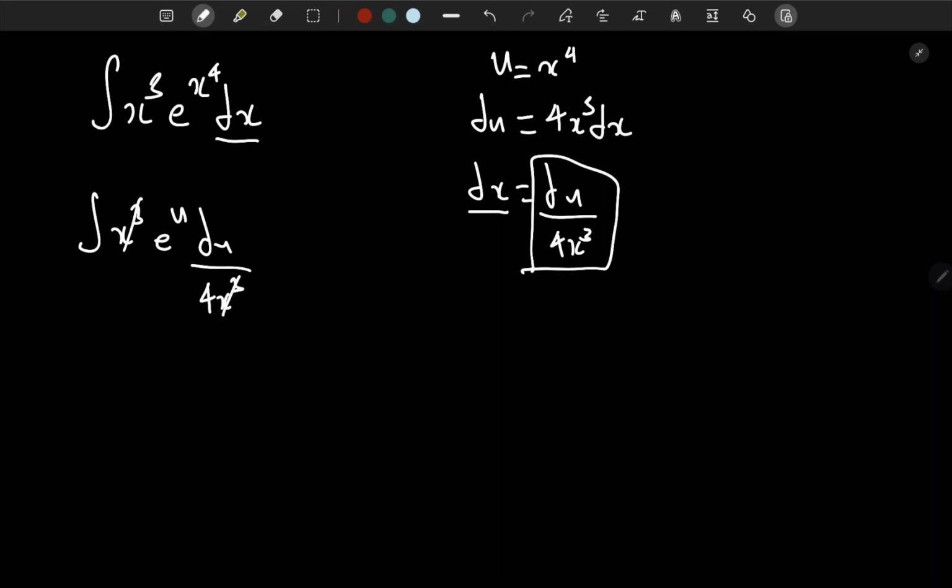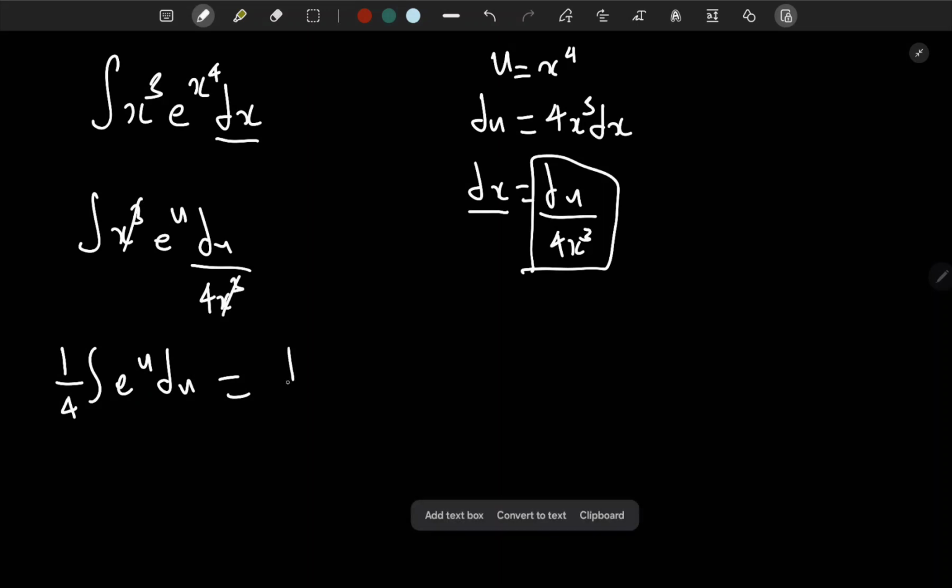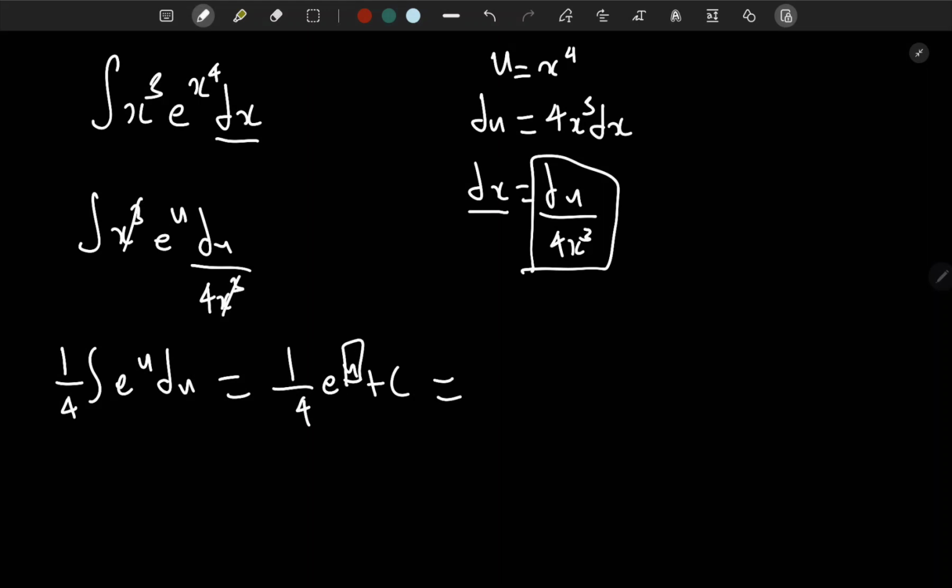We can take 1 over 4 outside, so 1 over 4 times the integration of e to the power of u du, and as we know from before, the integration of e^u is just e^u, so 1 over 4 e^u plus c. We always need to remember to substitute back what we did in the beginning, so let's substitute u with the original value: 1 over 4 e to the power of x^4 plus c.